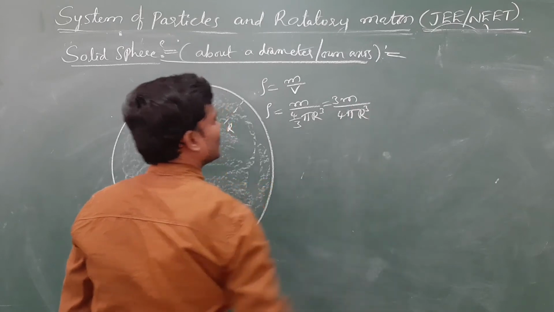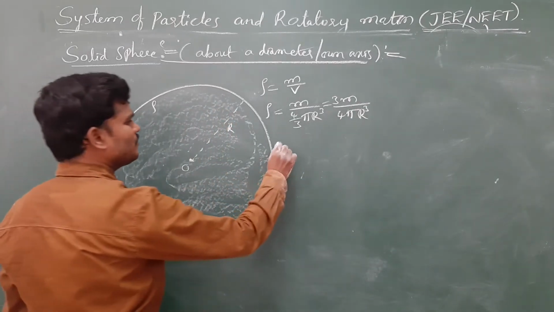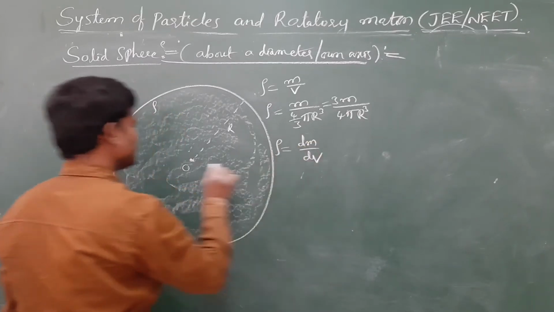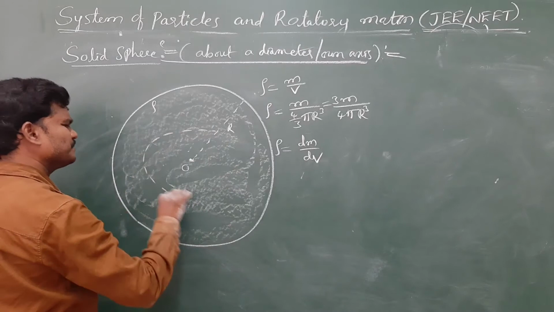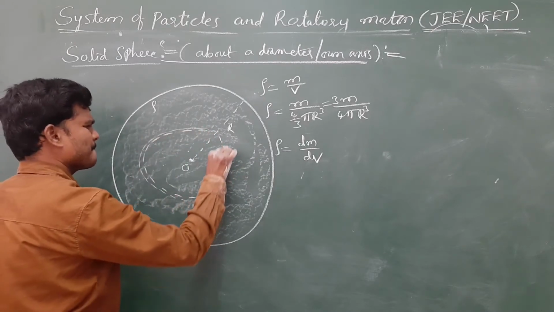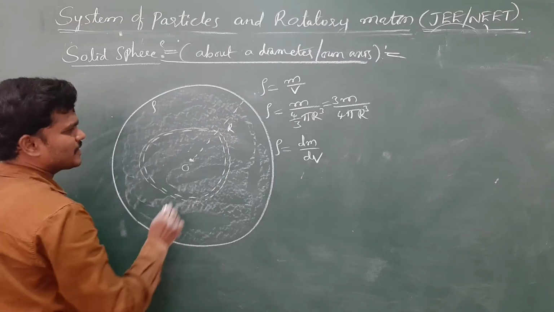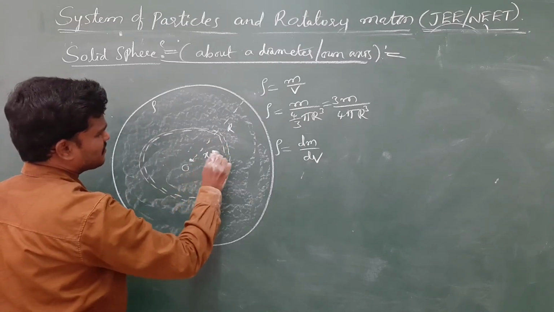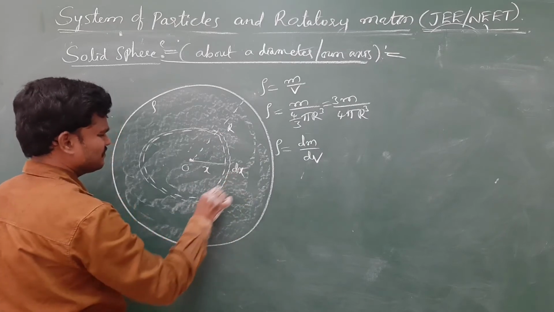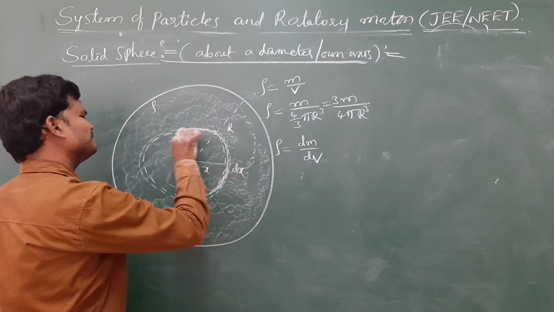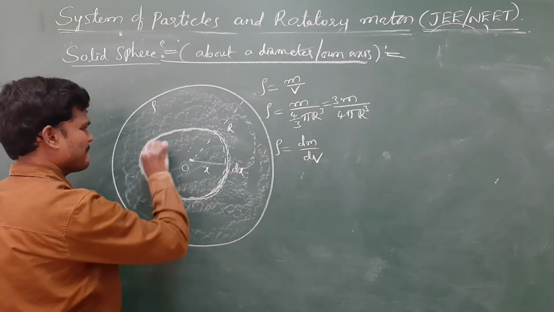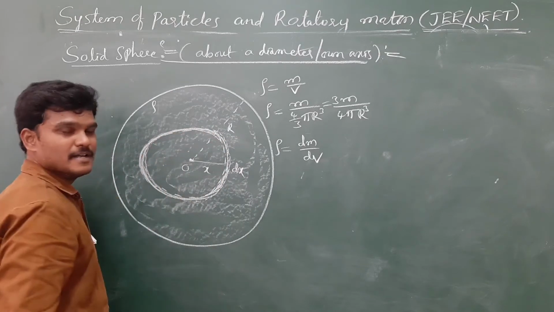For a small part, dm by dv, I am going to take some small part like this. If I take a small part at a distance of something x, this is dx.